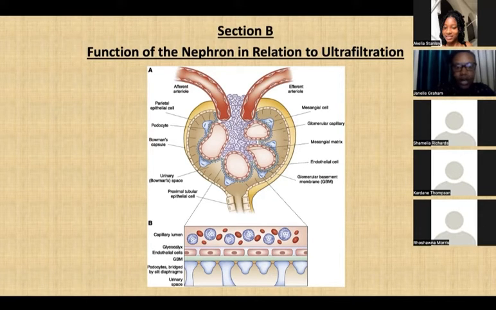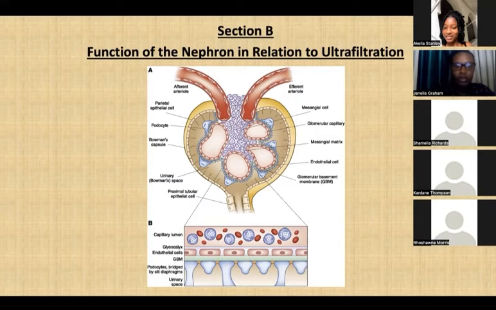For example, red blood cells, which are 10 micrometers large, will not be able to pass through. What will pass through are things such as protein, ions, glucose, and fluids, which are small.